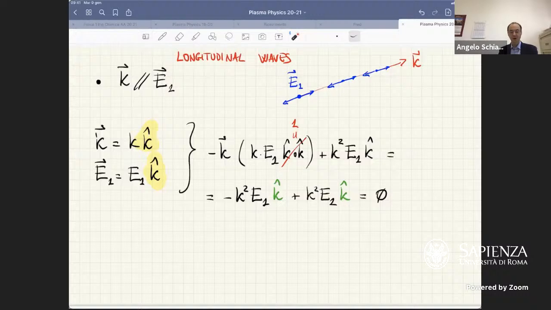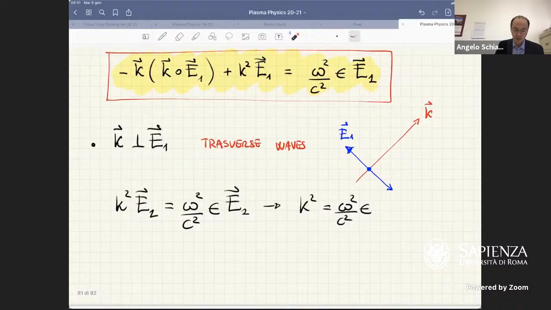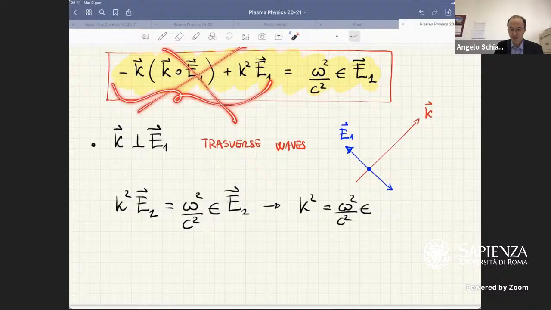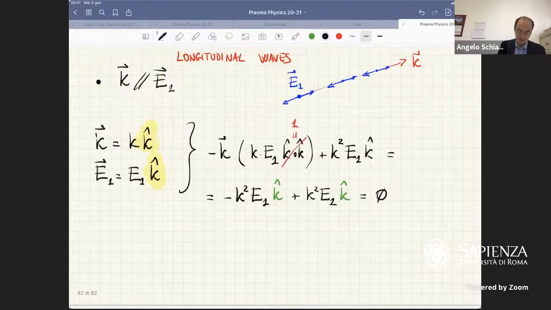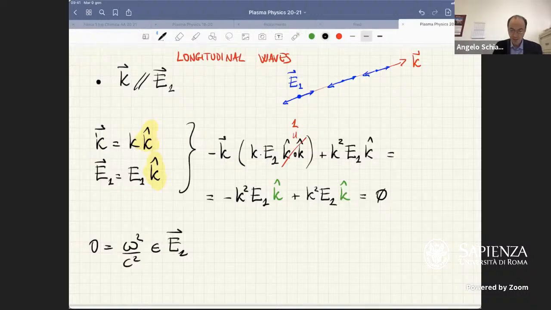So the left-hand side of our wave equation is, for longitudinal waves, exactly and identically 0. So it means that the right-hand side term is 0. So 0 equals omega squared over c squared epsilon E1. So in order for this to be a non-trivial solution, where obviously if the electric field E1 is 0, it means that there's no wave, okay?